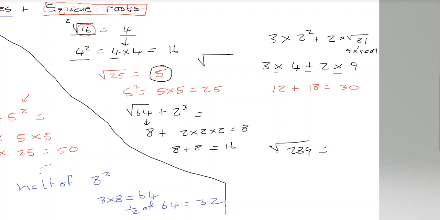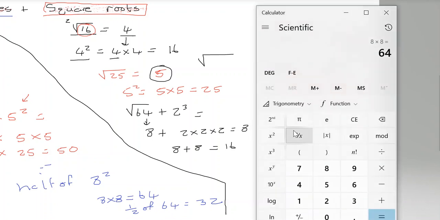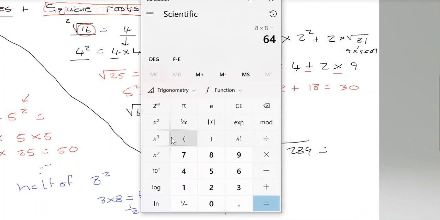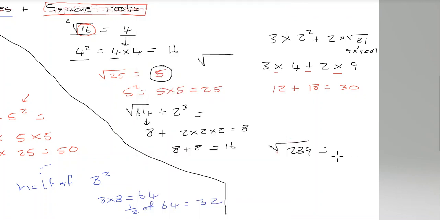So you would use your calculator, which has this symbol here. You enter 289, press the square root button, and it'll give you 17. So the square root of 289 is 17.